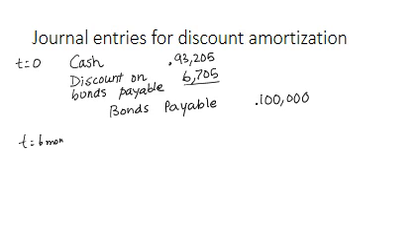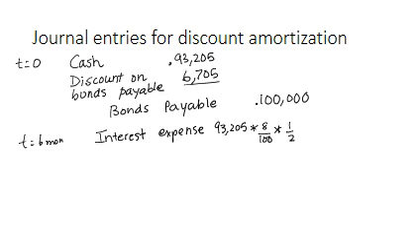And the way that is done is the company debits the true interest expense, which is 93,205 times 8% times half.